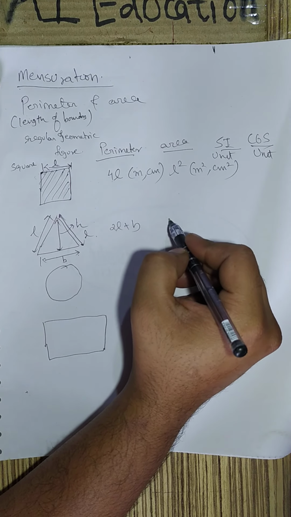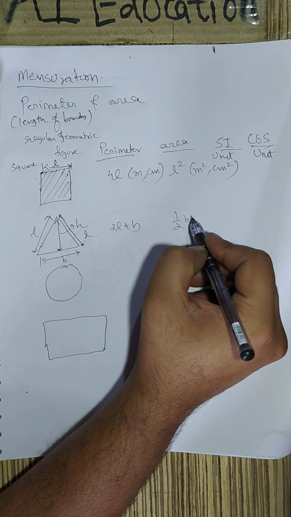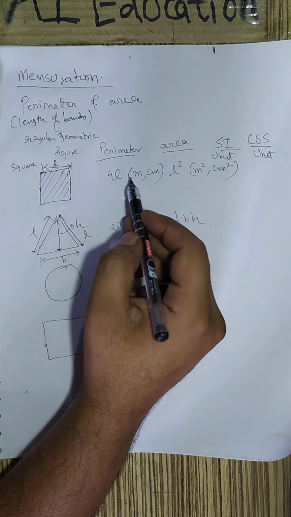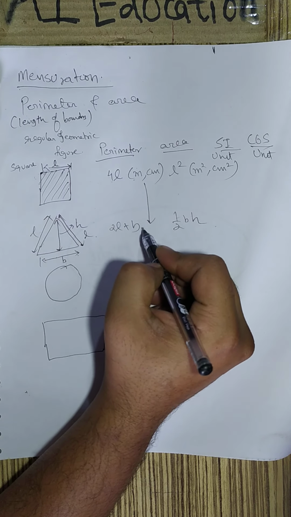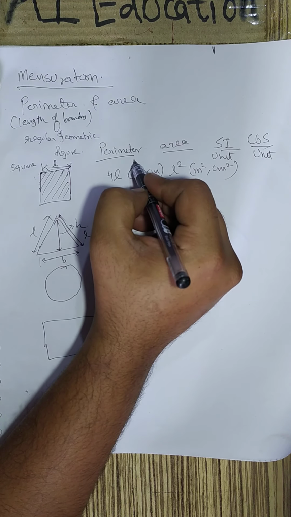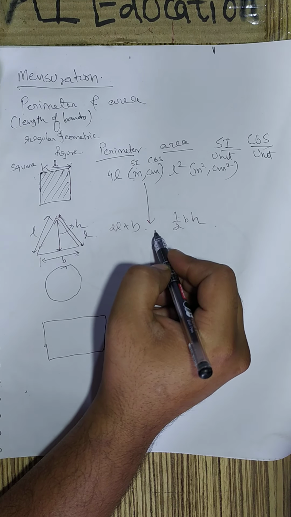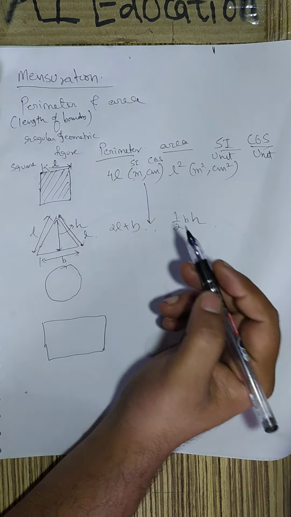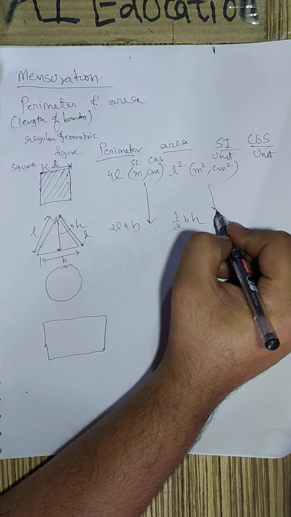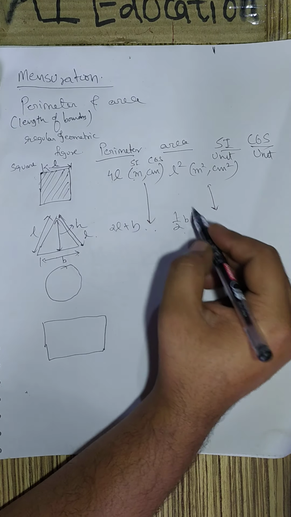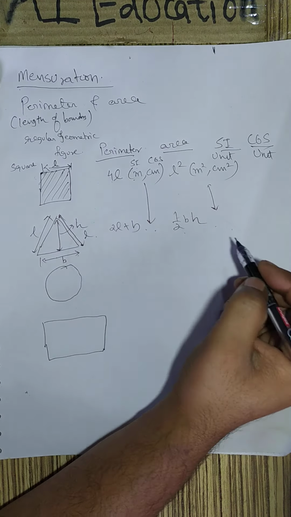And area of this triangle will be half base into height. Again the units remain same. Meter in the SI format and centimeter in the CGS format. Only the formulas are different but the units same.